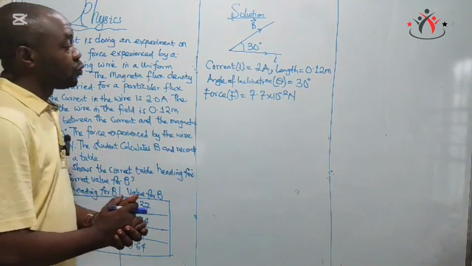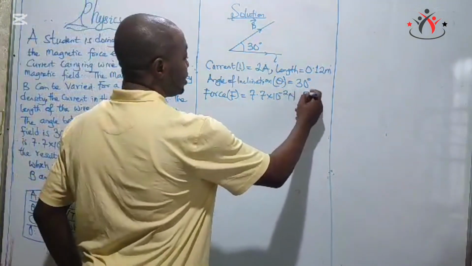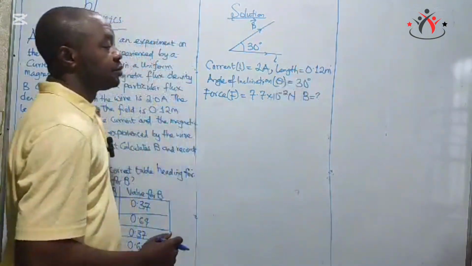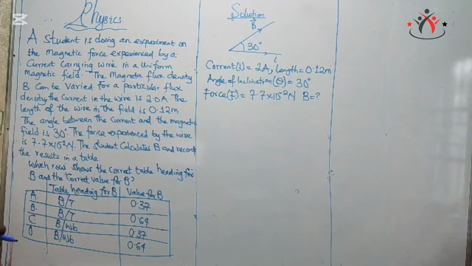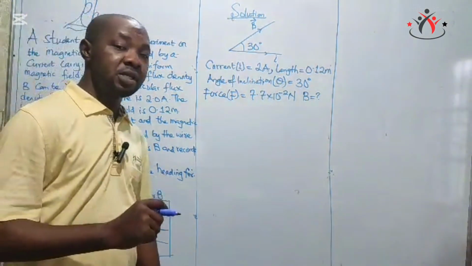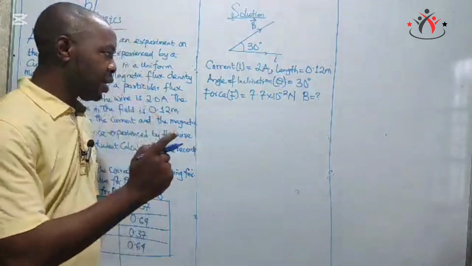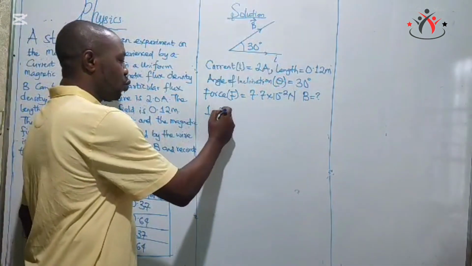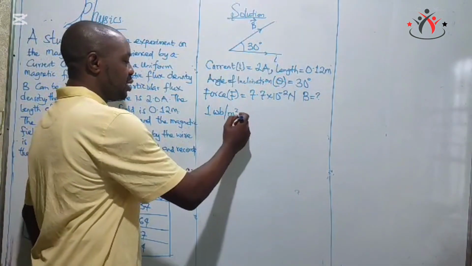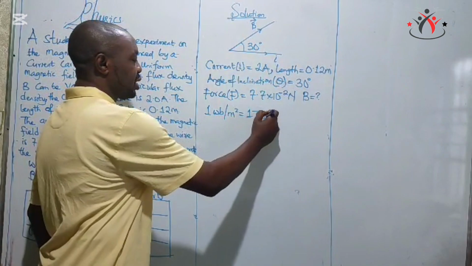So we want to find the magnitude of B. And remember, the unit of B is Weber per square meter, and 1 Weber per square meter is equal to 1 Tesla.